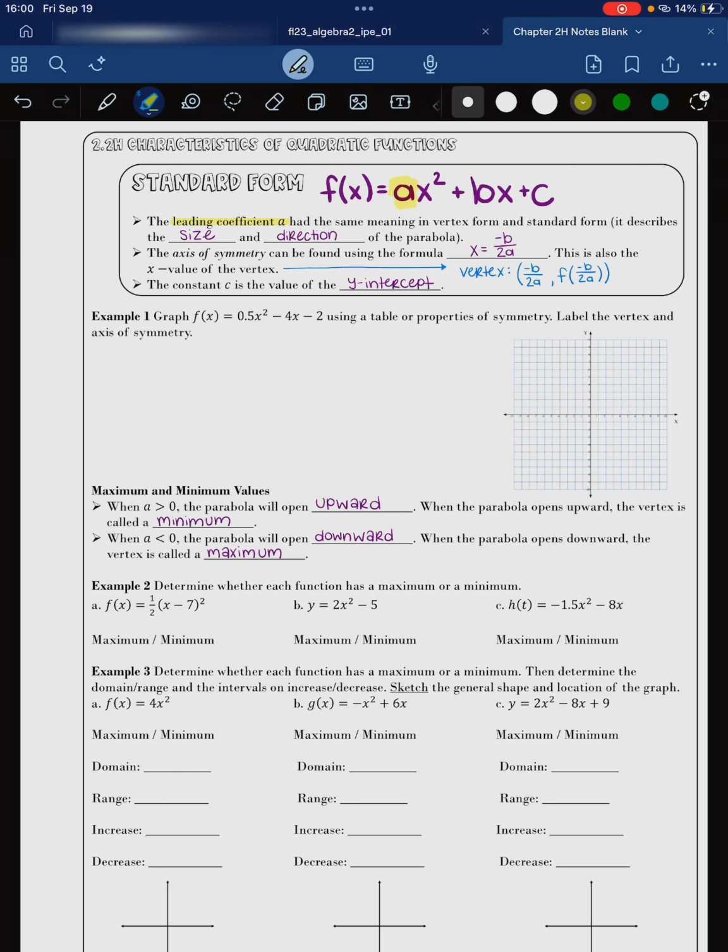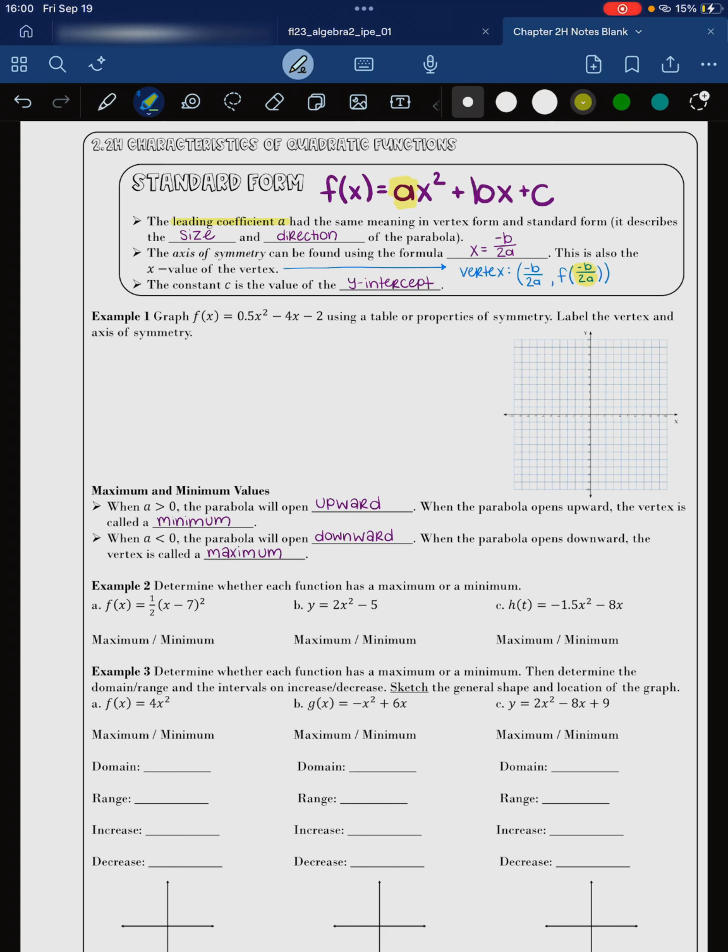So then to find the other point of the vertex, we are just going to plug in that negative b over 2a value into our function. If I plug it into the equation, or f, my function, that's going to give us the y value of the vertex. And then from the vertex, we can use a to determine the size and direction of our parabola.